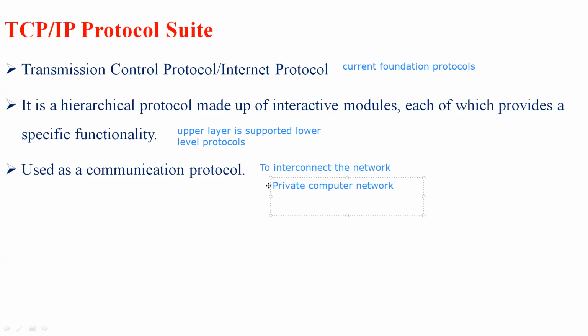This private computer network is either an intranet or an extranet. So the TCP/IP protocol can be used as a communication protocol in private computer networks, which are either an intranet or an extranet.